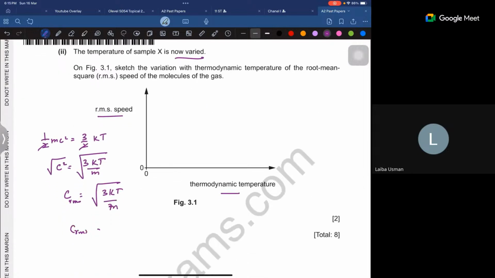The only thing that changes is that it's proportional to under root T. And under root T is a curve which starts from 0, and it will be something like this. Not exactly flat, but it's an under root curve. You just need to remember this. There's no easy way of learning this, actually. Okay, pretty good.